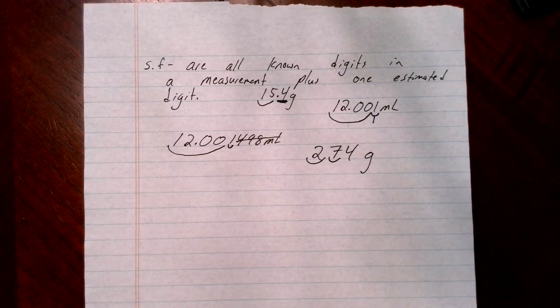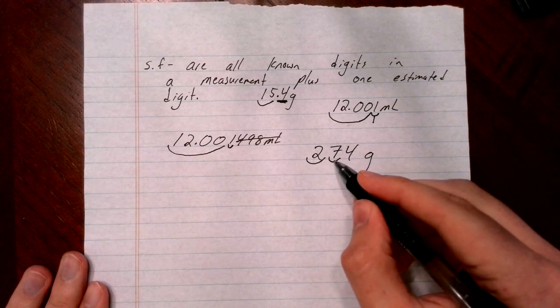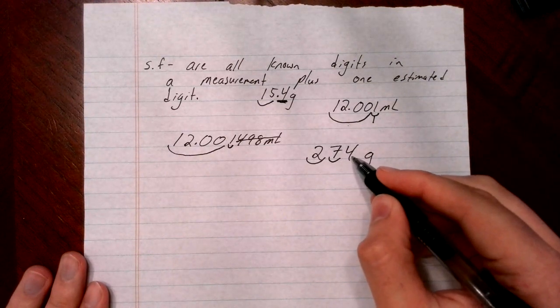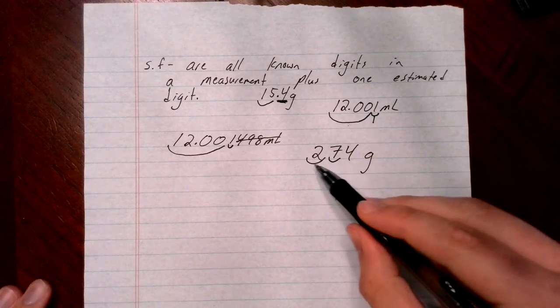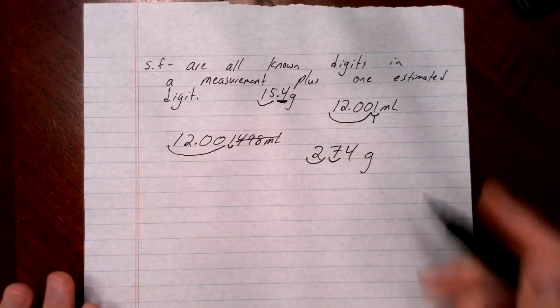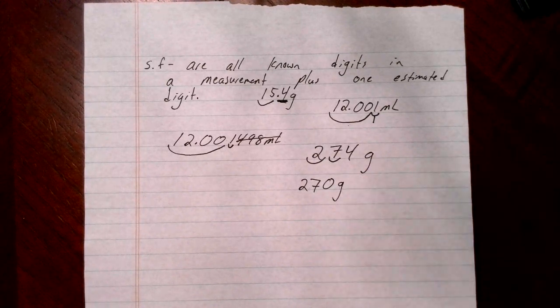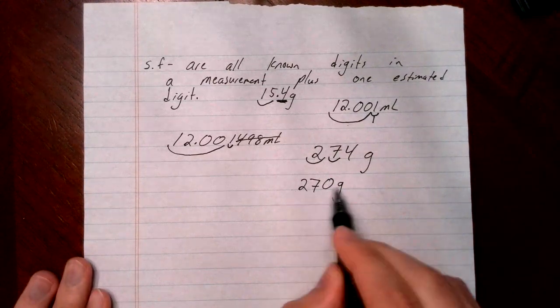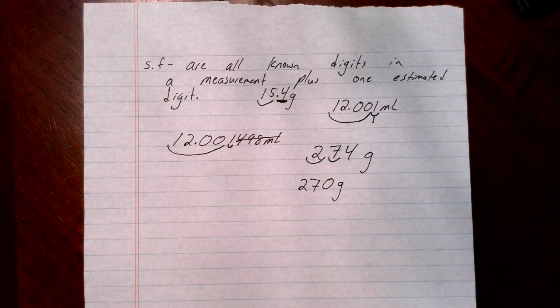I'm estimating, so it could be 270, it could be 280, it could be 260. So if I'm estimating this place, why would I estimate another place? There's no point in estimating smaller and smaller numbers there. So I would simply write that as 270 grams. Now that tells me I'm confident that the 200 is correct, and I'm estimating that the 70 is correct.